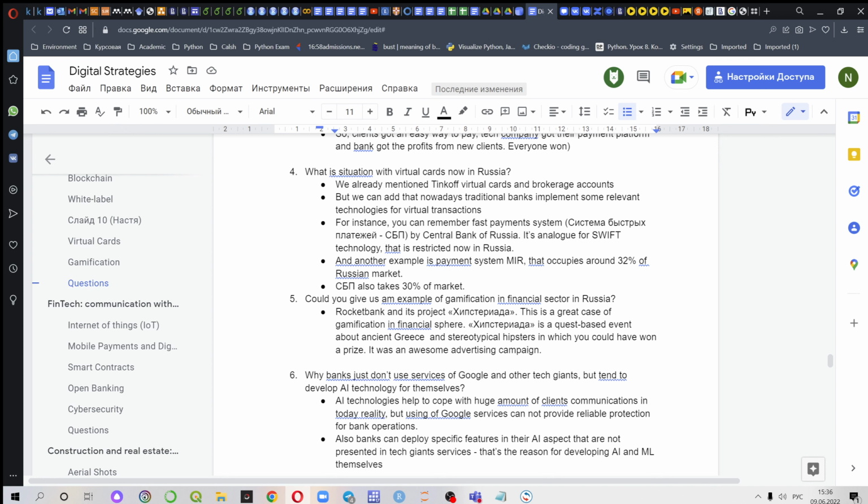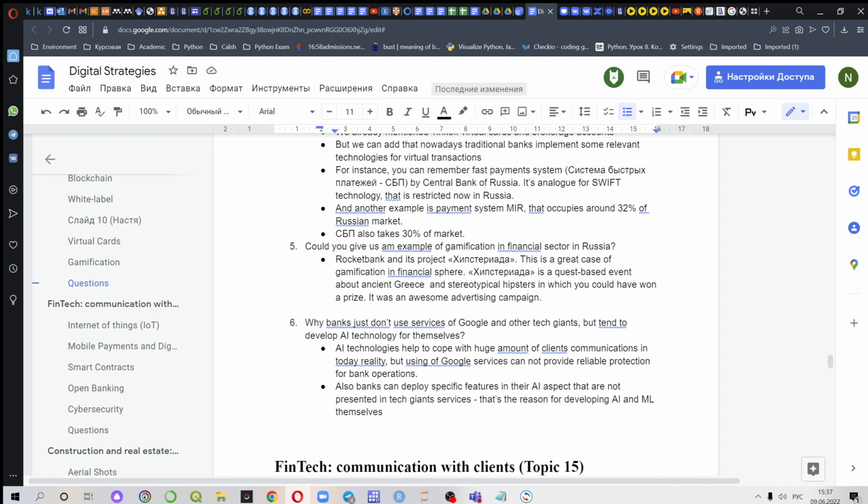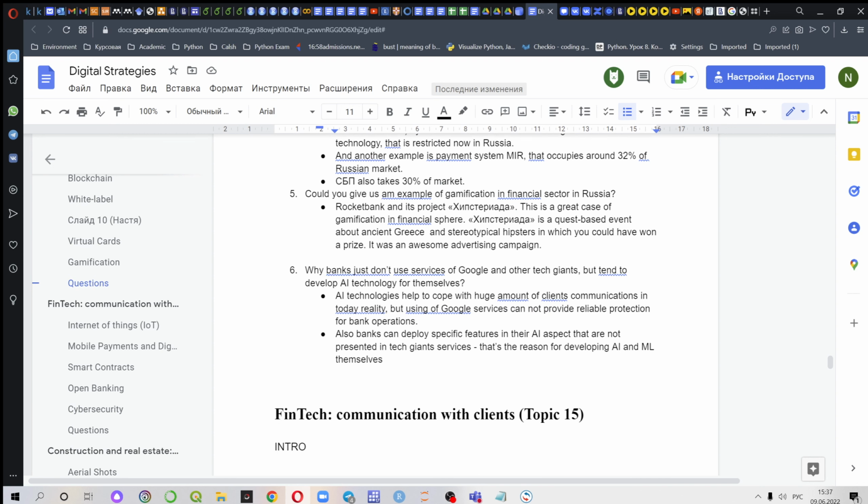For instance, you can remember the fast payment system, система быстрых платежей, by the Central Bank of Russia. It's the analog for SWIFT technology, which is restricted now in Russia. And another example is the payment system MIR that occupies around 32% of the Russian market. And yes, the система быстрых платежей takes around 30% of the market.